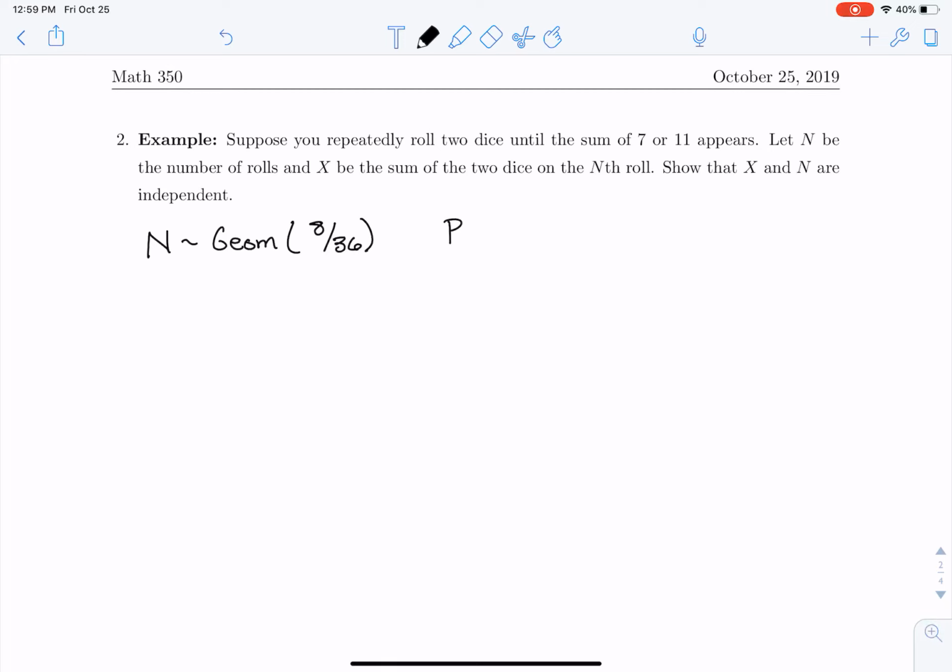This tells us that the probability that N equals a particular number of rolls k is equal to the probability of failure, 1 minus 8 out of 36, to the k minus 1, so k minus 1 failures, times the probability of success, 8 out of 36.